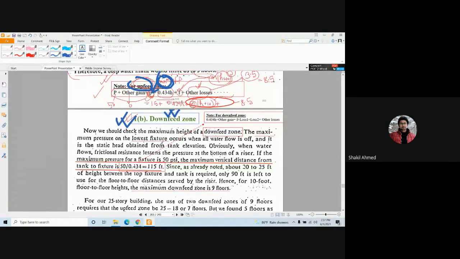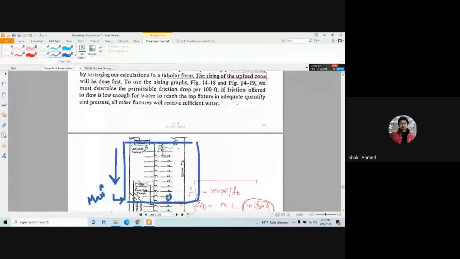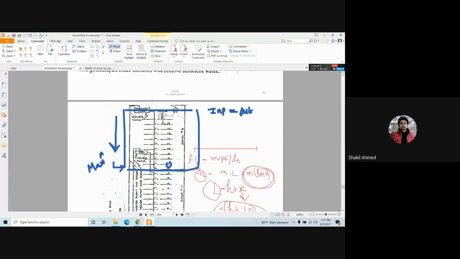Clear? Yes, sir. Now, same thing again, input equals output. We need to determine how far we can go, H, with this downfeed zoning system. This is downfeed zoning because the water is flowing downward.